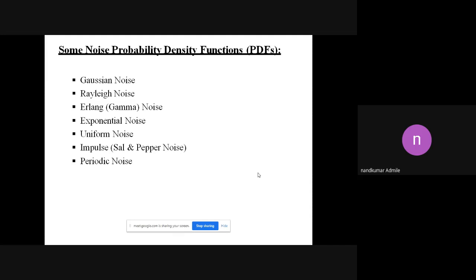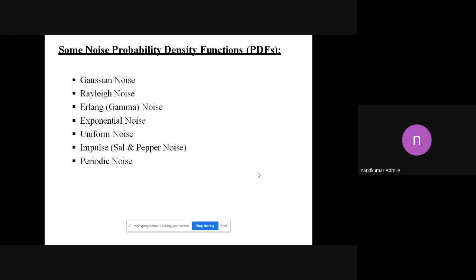When we capture the image, that is called image acquisition. Due to various interference, or due to the intensity of light, we can focus the light on a particular object. When we capture the image with the help of particular cameras, there is a possibility of adding noise in an image.